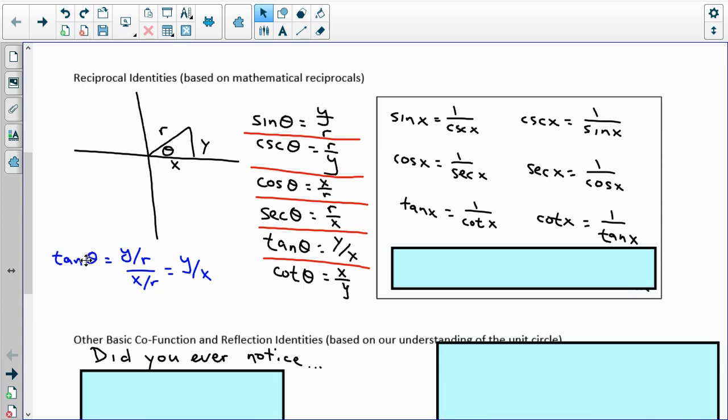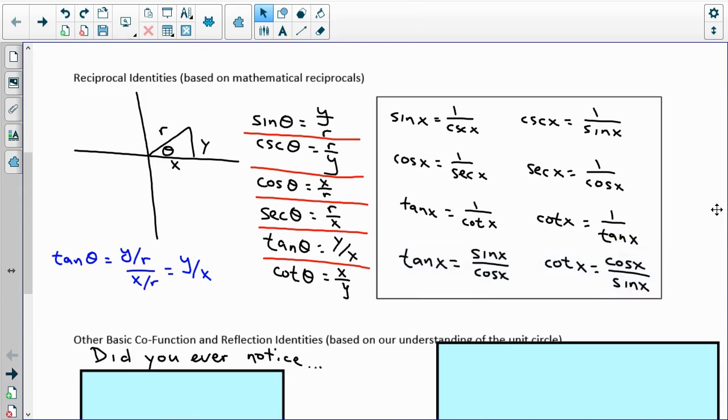So really, I can write tangent not only as y over x, I can write it as sine over cosine. And I can write cotangent as cosine over sine. These are 8 identities you absolutely have to know, and we're going to use these all the time.